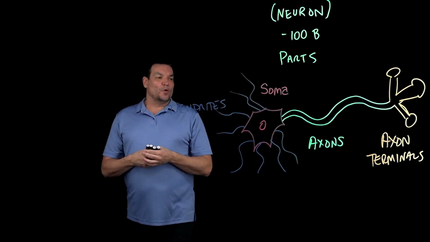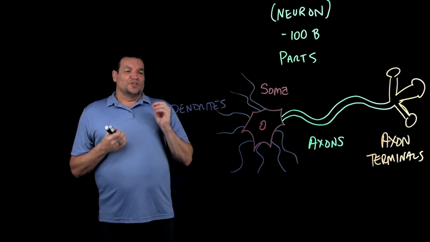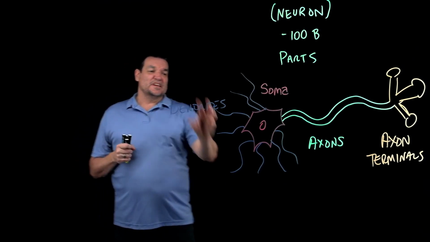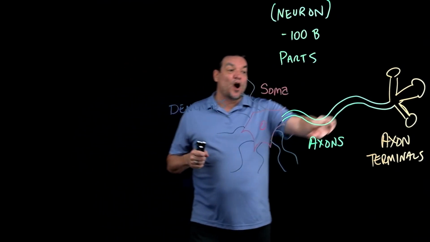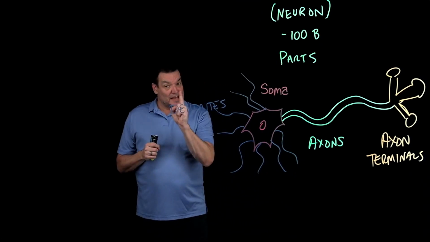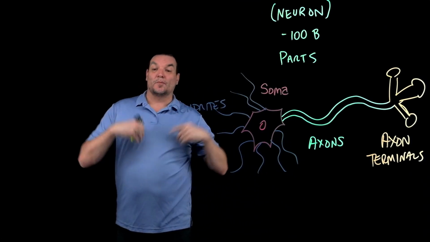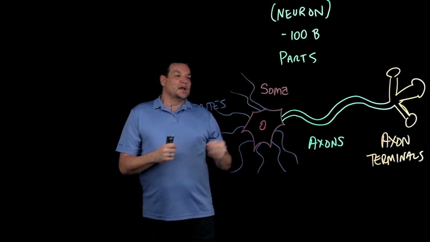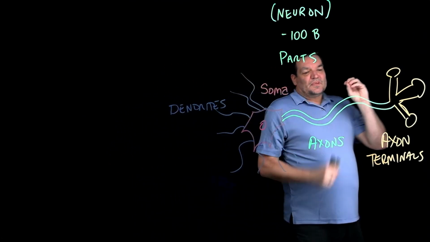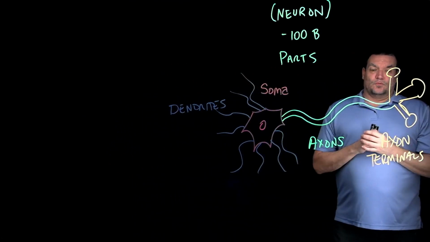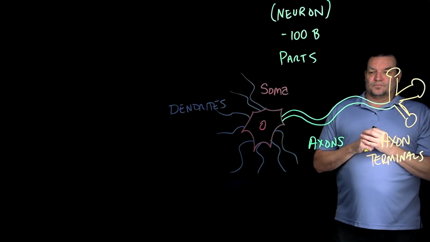Well, pretty straightforward. Once the electrochemical signal makes it from the dendrite through the soma and down the length of the axon, again, under special circumstances that we'll talk about in the next part of this lecture, it runs into an axon terminal.